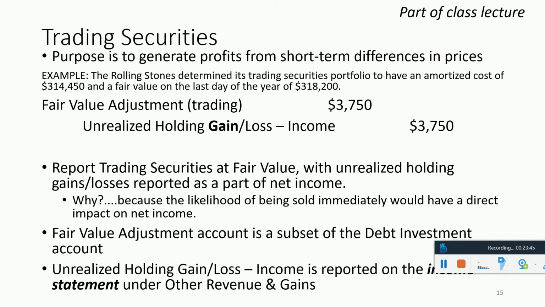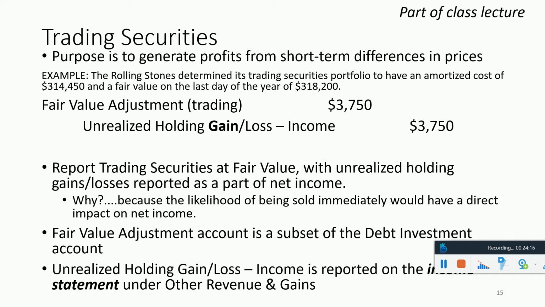And the thinking or the rationale behind why the fair value changes for this type of security go directly into the income statement is that the purpose of these securities is to generate profits on short-term pricing differences, and the likelihood that the company is going to hold on to this security for very long is not likely.